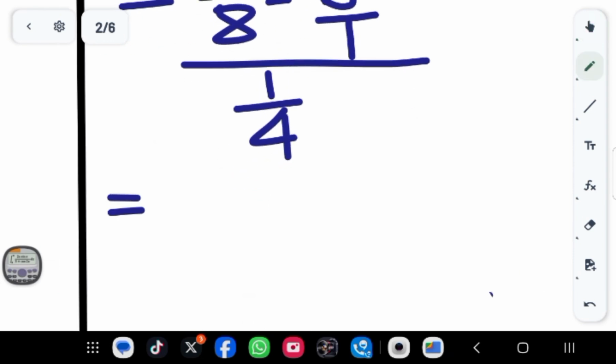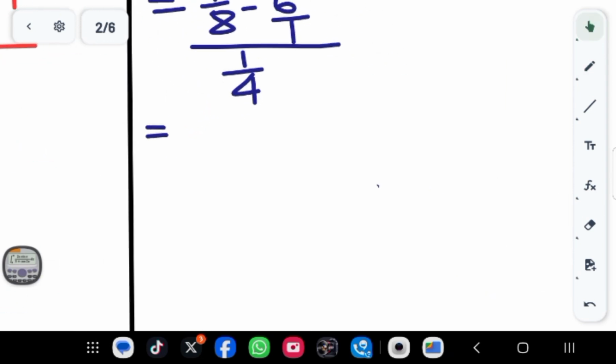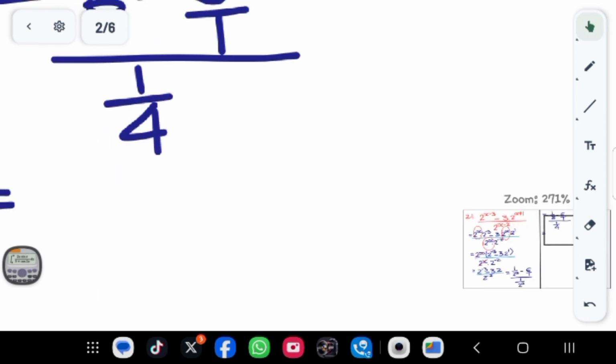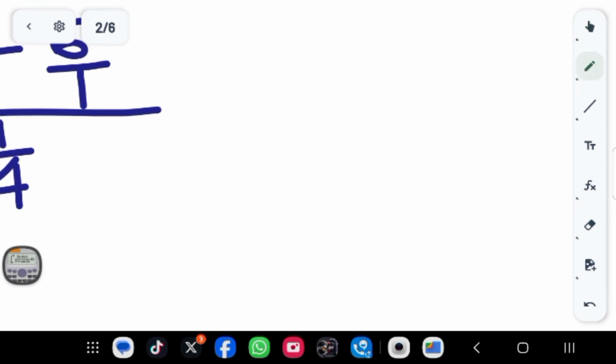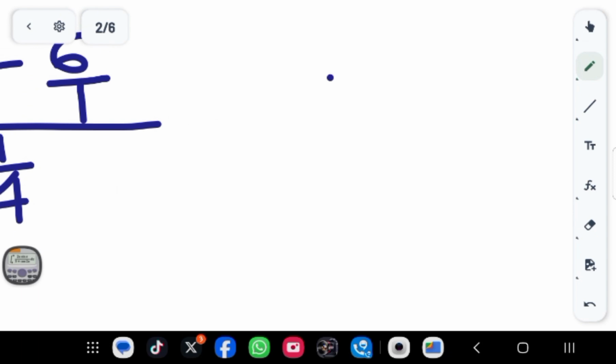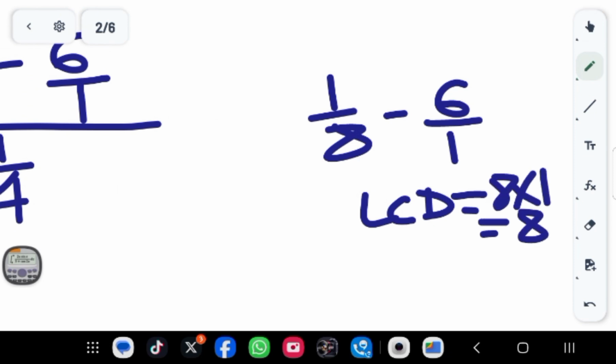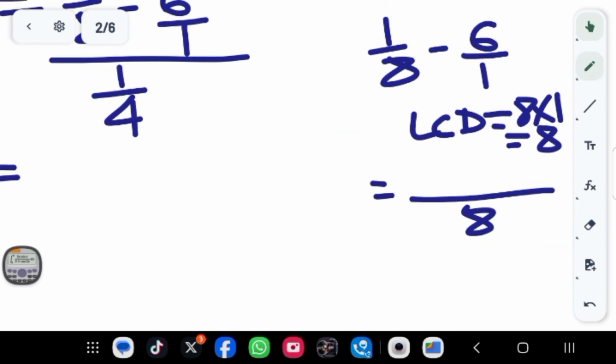Avoid using a calculator, something they said we shouldn't do. Now we add these fractions. How do we add the fractions? So we go 1 over 8 minus 6 over 1. The LCD over here is 8 times 1, which is 8. So we have everything over 8, and to find the numerators, we must multiply both fractions by 8.